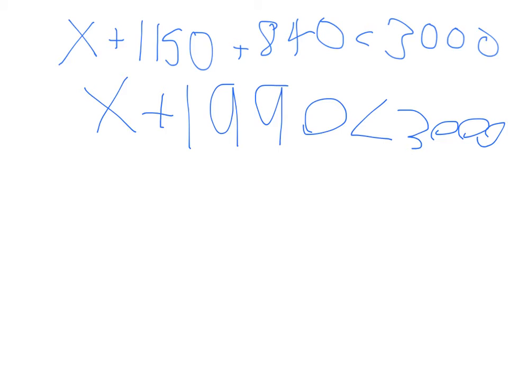Okay, so now I'm going to do the opposite, and I'm going to subtract 1,990 from 3,000.